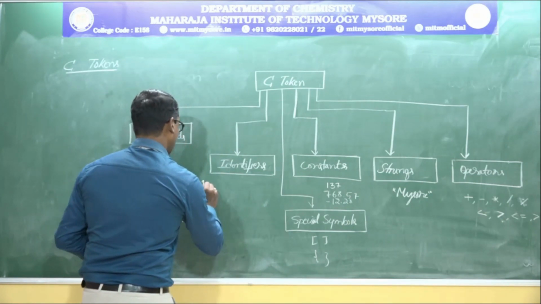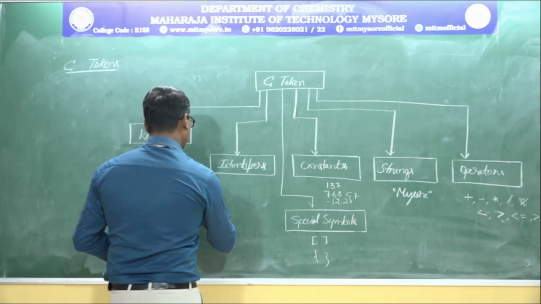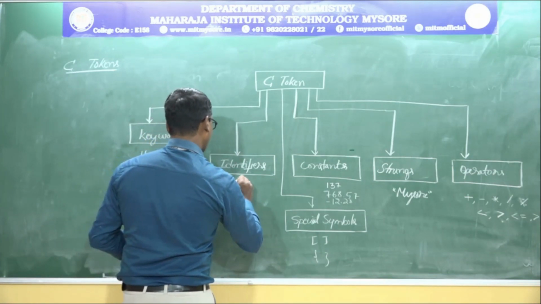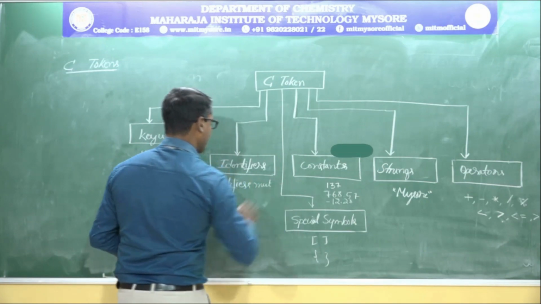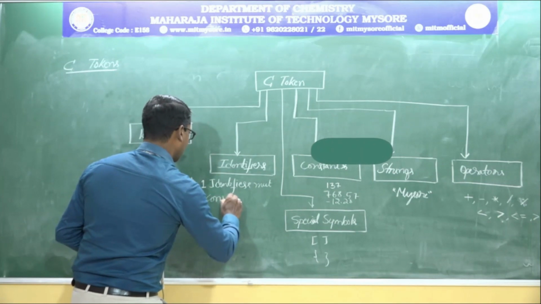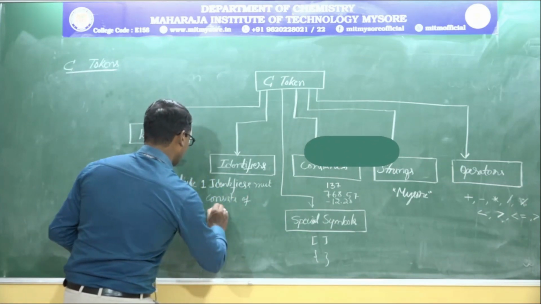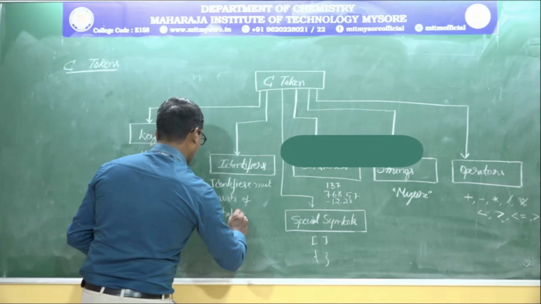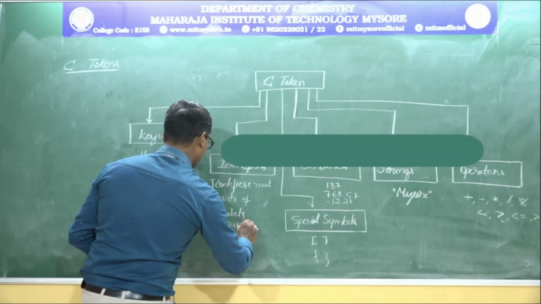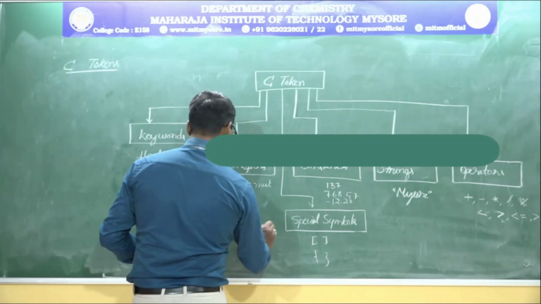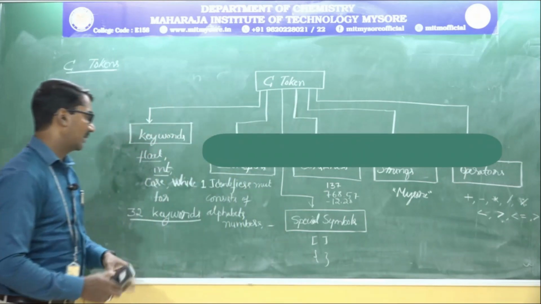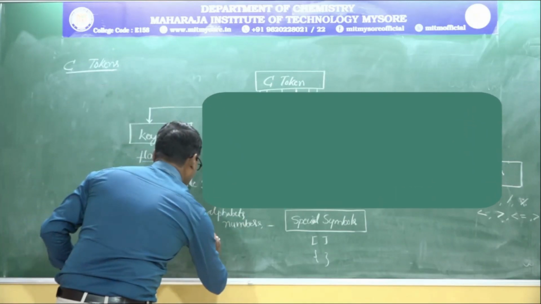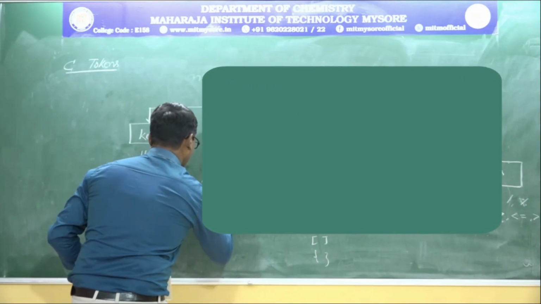The first rule: the identifier must consist of alphabets, numbers and the underscore character.